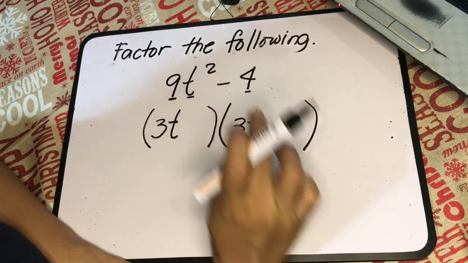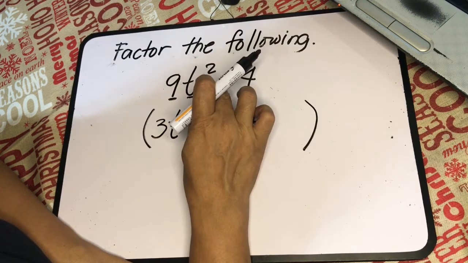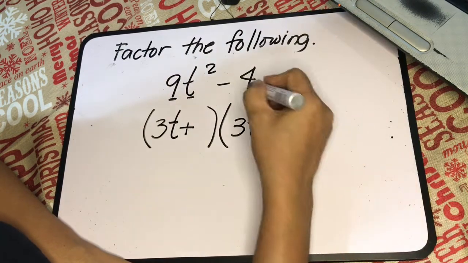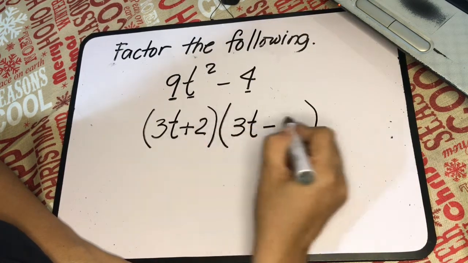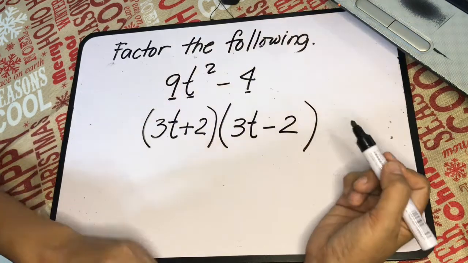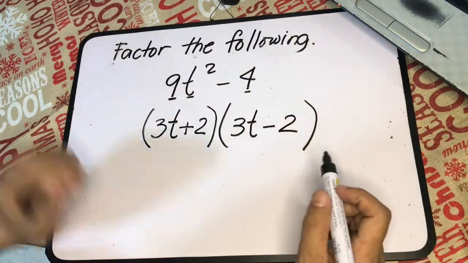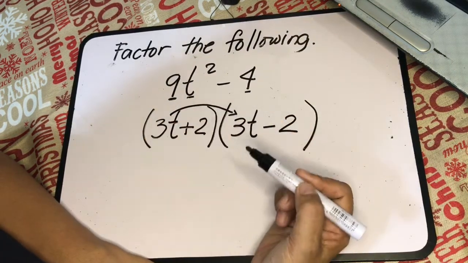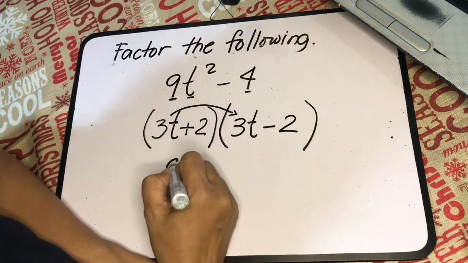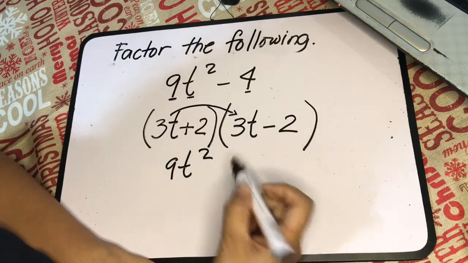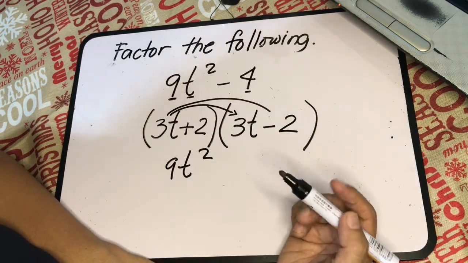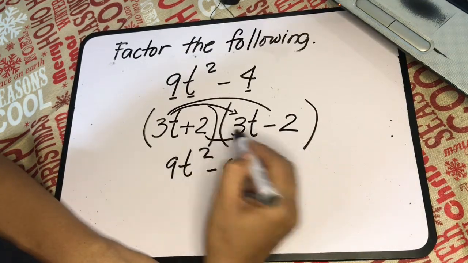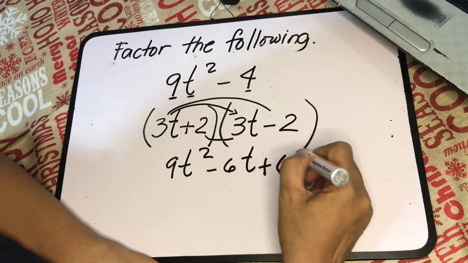Now, we have a negative sign there. Because we have a negative sign there, we have positive and minus. Then, the factor of 4, which is 2 times 2. Okay, let us check if our answer is correct. Using the FOIL method, we multiply 3t times 3t is 9t squared. 3t times negative 2 is negative 6t. 2 times 3t is positive 6t.